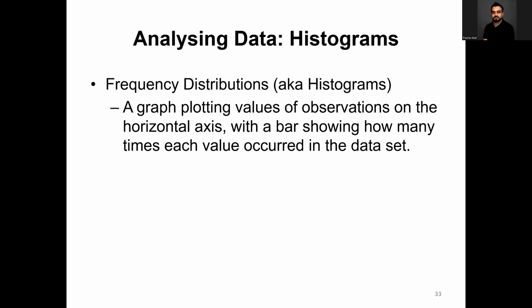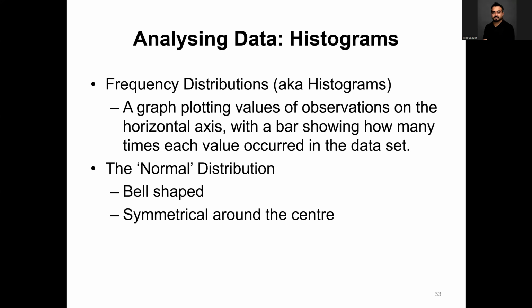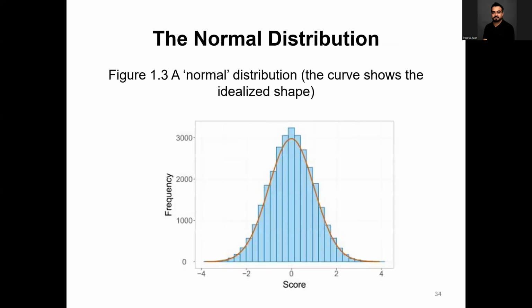A graph plotting values of observations on the horizontal axis with a bar showing how many times each value occurred in the dataset. And we have normal distribution, which is a bell shape. This is a normal distribution.